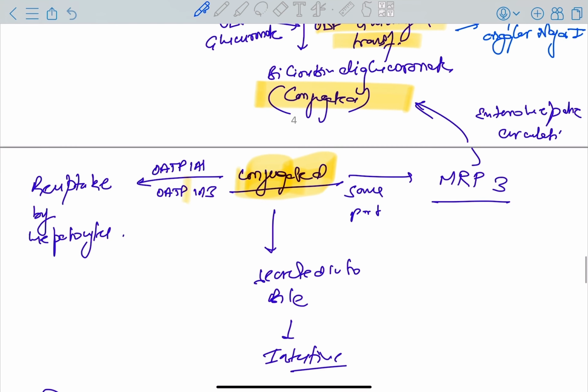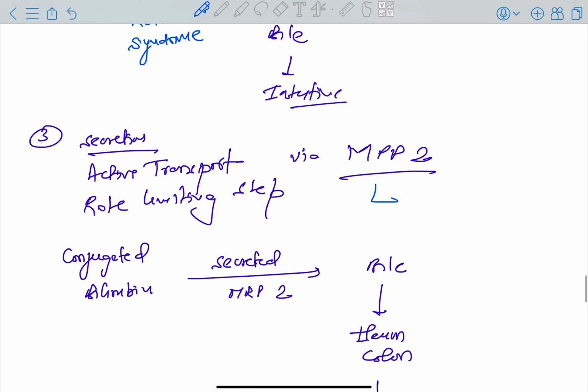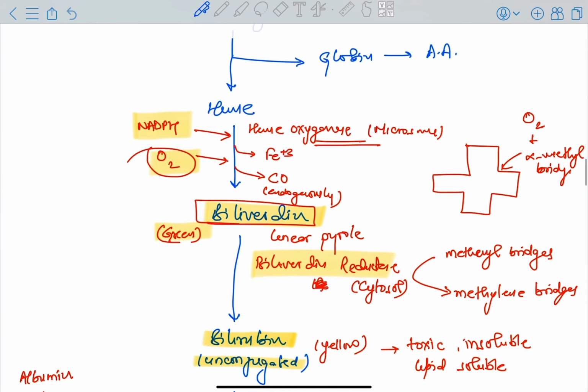If OATP, organic anion transport protein, is absent, we have the Rotor syndrome, direct hyperbilirubinemia, and if we have MRP2 mutation, we have Dubin-Johnson syndrome. So this was about the heme catabolism or the bilirubin metabolism.